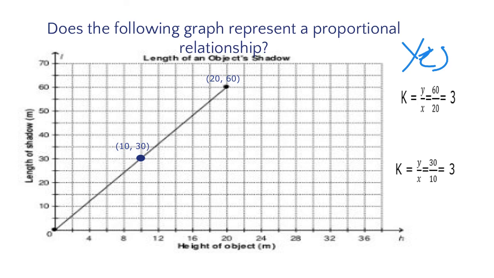We were given 20, 60 and 10, 30. And remember, points are always x and then y. So we know that the constant of proportionality k is y over x. So 60 divided by 20 gives us 3. Or if we took this point and we did y over x, that would be 30 over 10, and that would also give us 3. So that's why this is also a proportional relationship.